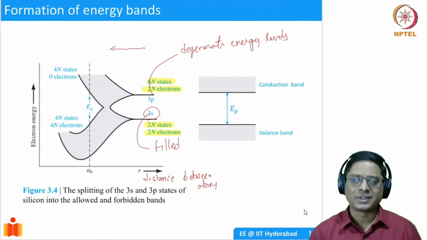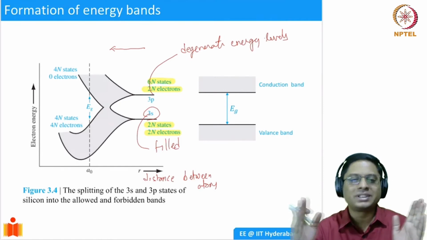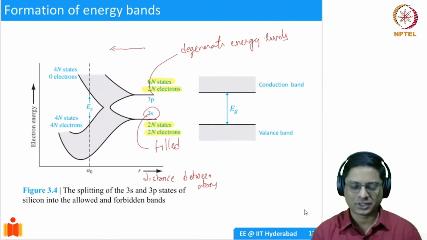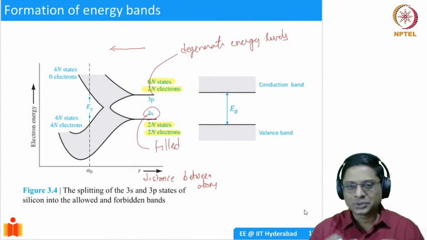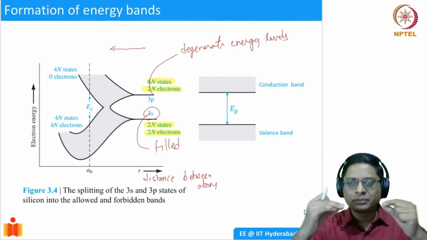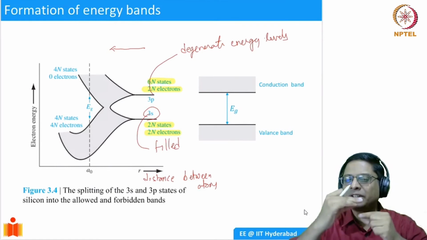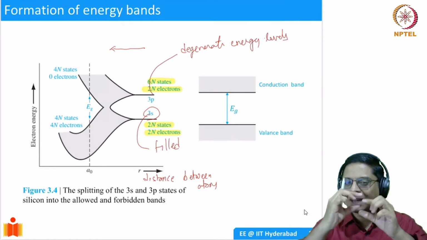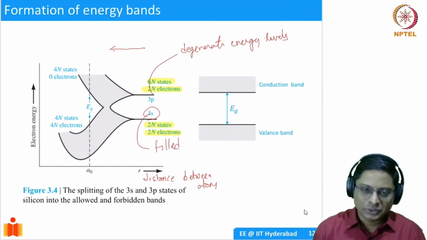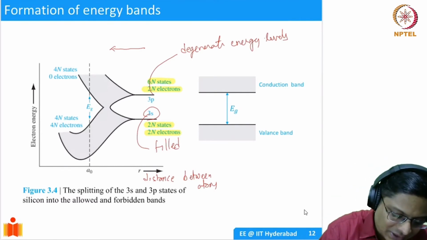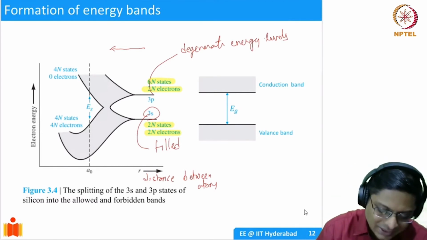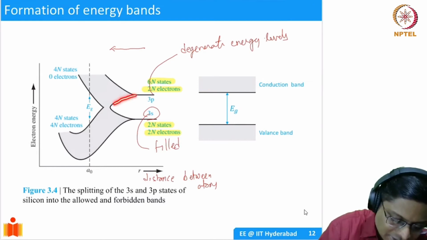So there is degeneracy. But the moment you start reducing the distance between the atoms, you saw that as you bring the potential wells closer and closer, there is a lifting of degeneracy and a small gap, delta E, appears. Because of that, as you bring the atoms closer, you'll see that these energy levels are forming a band.